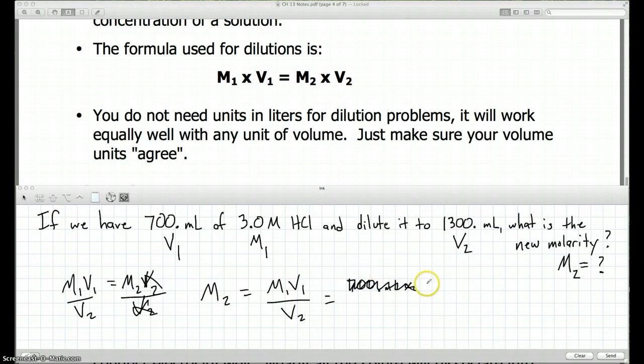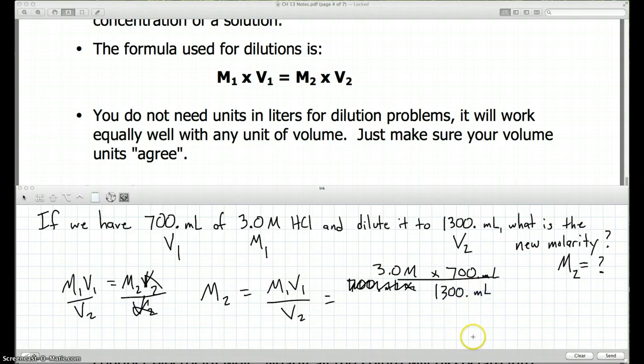M1 is actually 3.0 molar, times 700, because that's V1, in milliliters, divided by V2 on the bottom, and V2 I know is 1300.